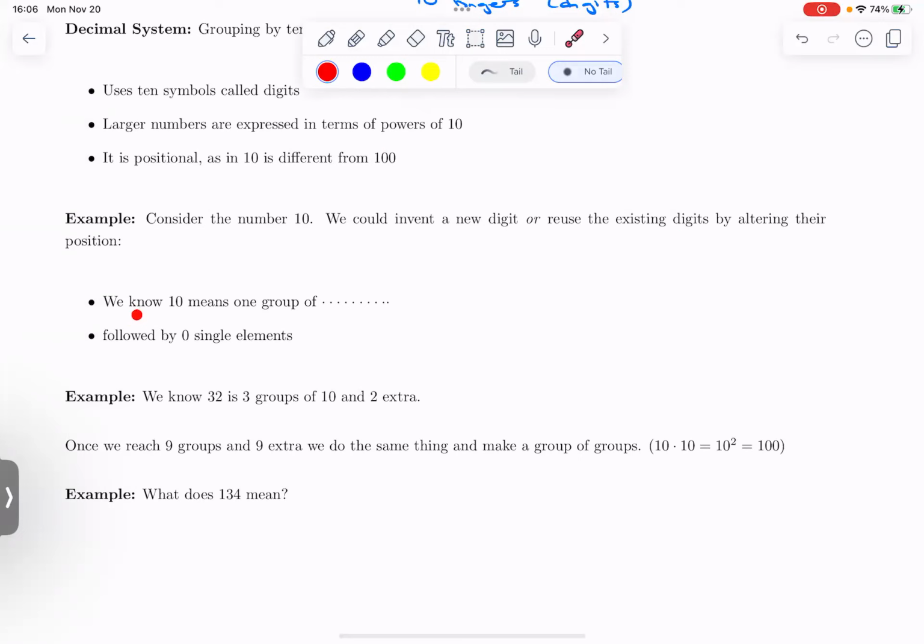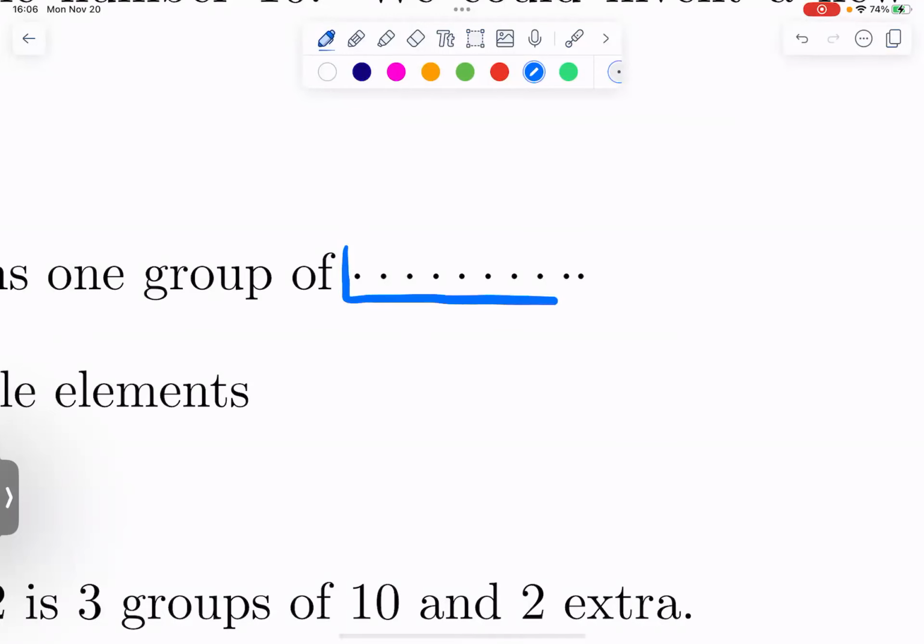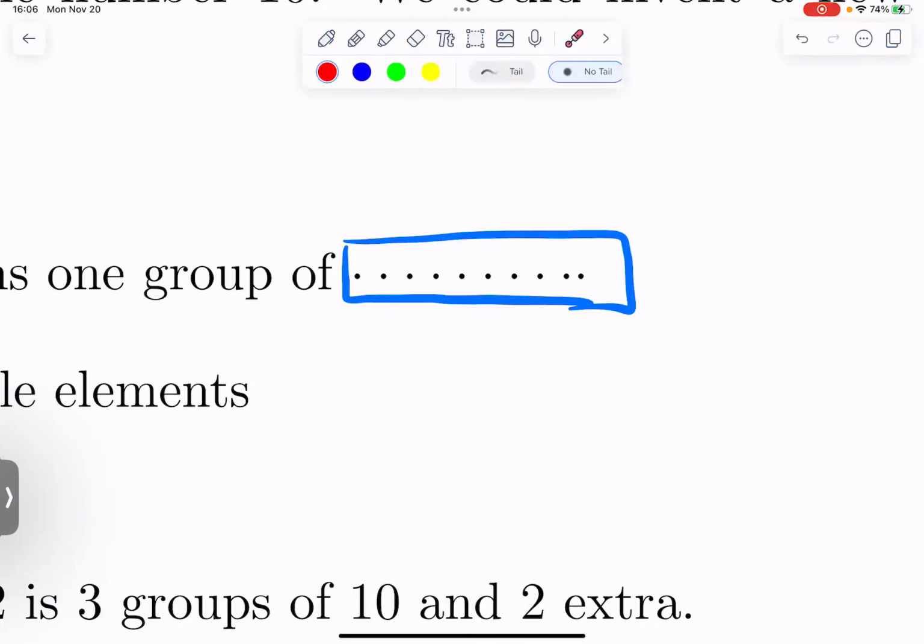10 means one group, and usually we have this image where we've got a block of 10, and that's what 10 means. So 1, 2, 3, 4, 5, 6, 7, 8, 9, 10 dots, and then we can use it as a block. If you go see Kate in the Learning Center, she has all these visual aids, the blocks of 10 and the singles and the groups of hundreds, and I don't have those.